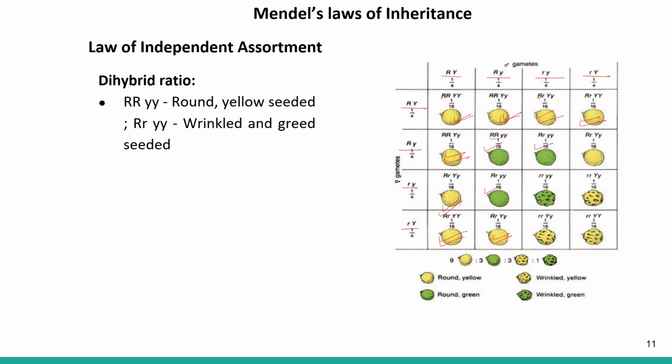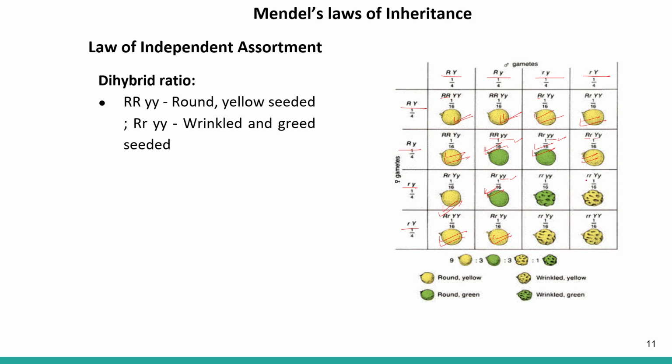Okay, but in this case, this is also round and yellow because one R capital and one Y capital. But in this case, both the Y are small, right? Both the Y are small. So they will be green. Round and green. Okay.